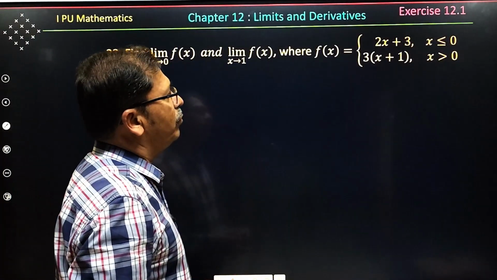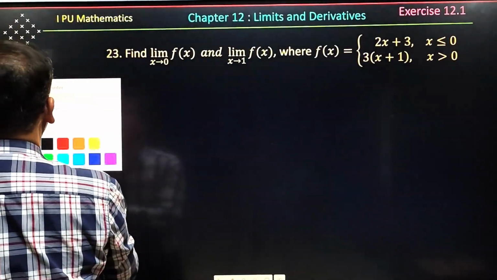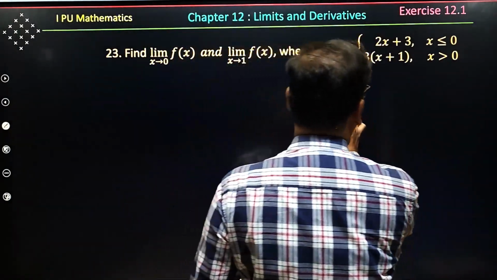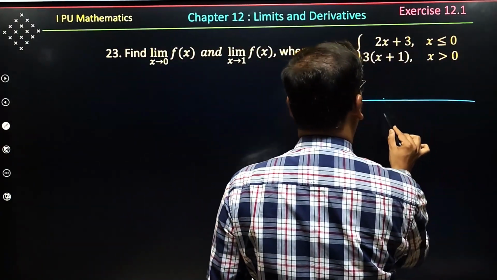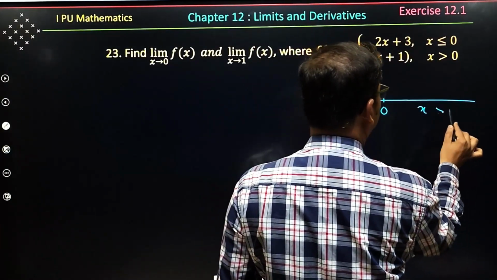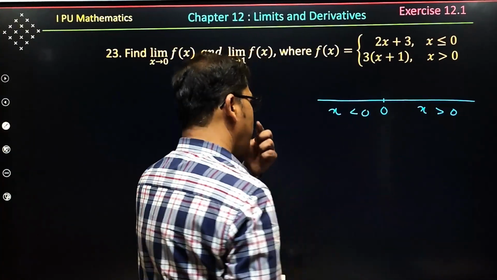Just try to understand this data on the number line. Say this is the number line, and this is 0. This is the portion where x is greater than 0, and this is the portion where x is less than 0.